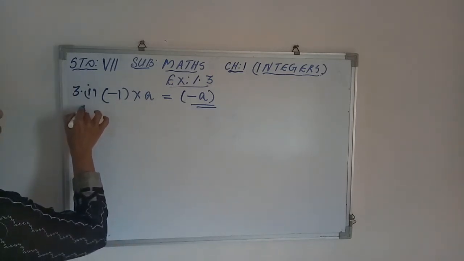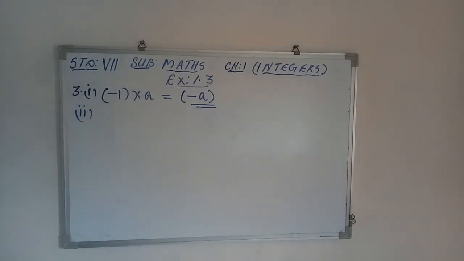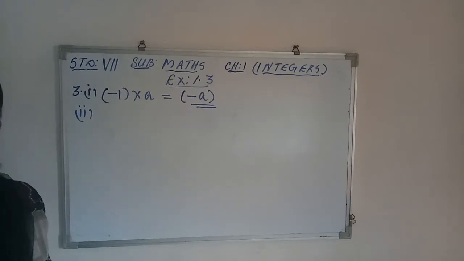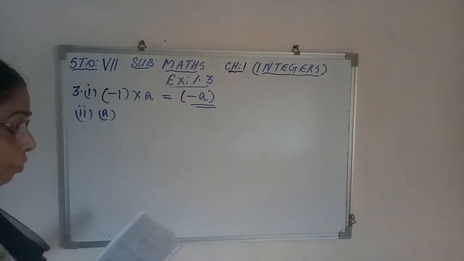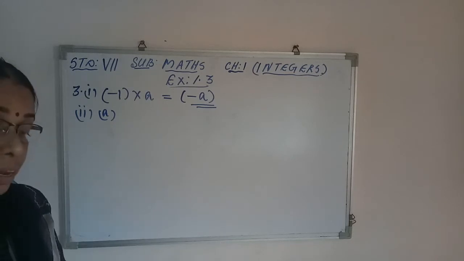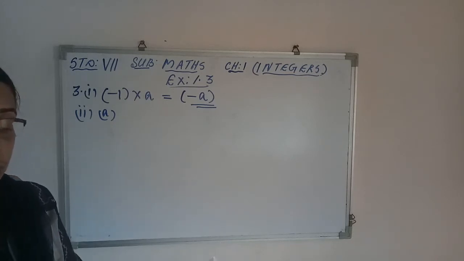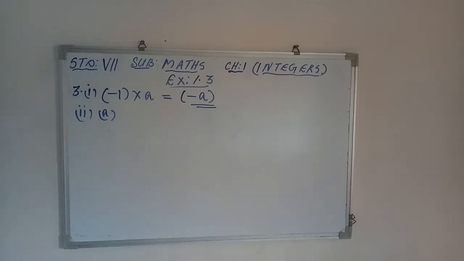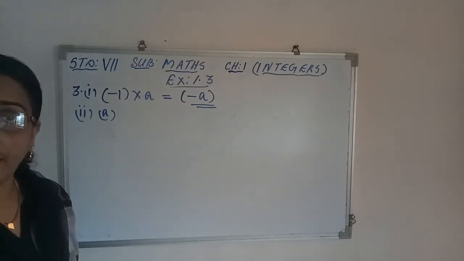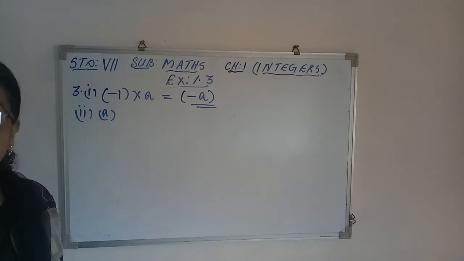Then the second question in that: determine the integer whose product with minus 1 is minus 22. We know that an integer multiplied by minus 1 always gives the additive inverse of that integer.